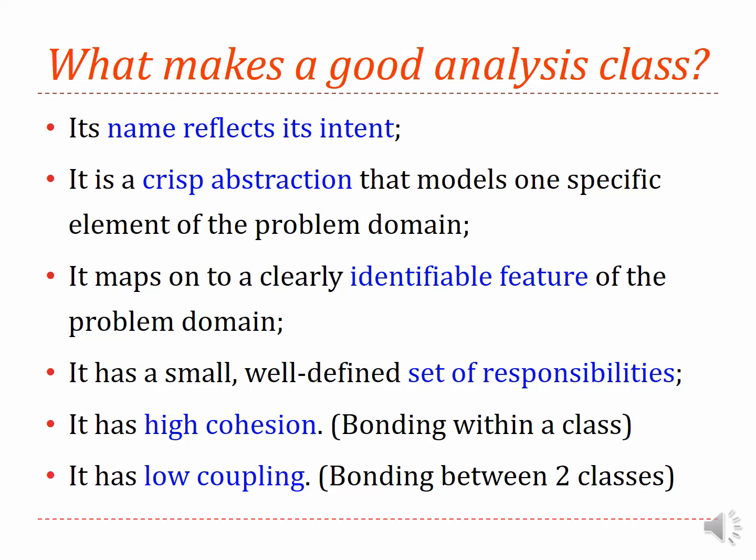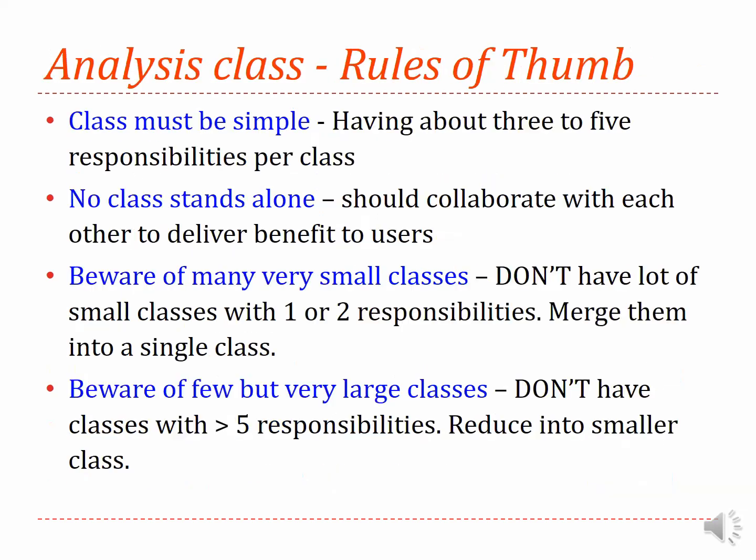A good class should have high cohesion, that is, all responsibilities are closely related to each other. At the same time, it should have low coupling. The meaning is that it should depend as little as possible on other classes. Following these principles improves software quality, maintainability and reusability.